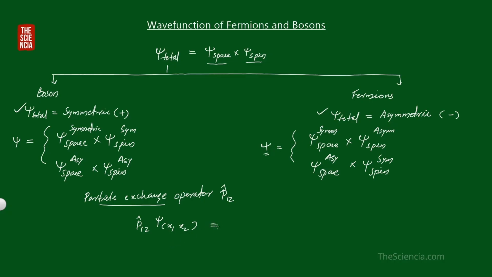So when this particle exchange operator operates on some state, the state becomes psi of x2 x1. See, the particle positions are interchanged. And when this exchange operator operates on the state, the resultant may be positive or negative. Positive means it is symmetric and negative means it is asymmetric.